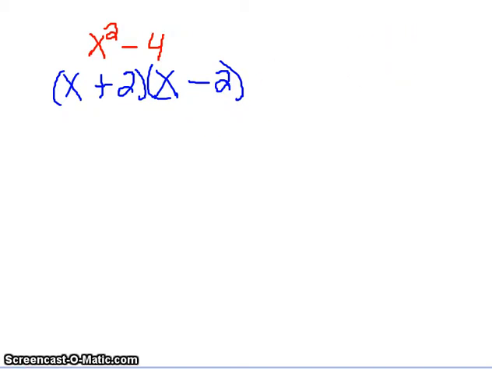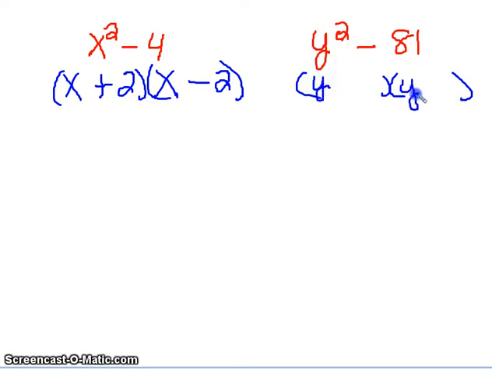If you see y squared minus 81, your brain should say y squared is a perfect square, 81 is a perfect square, they are subtracted, so y, 9, plus, minus.